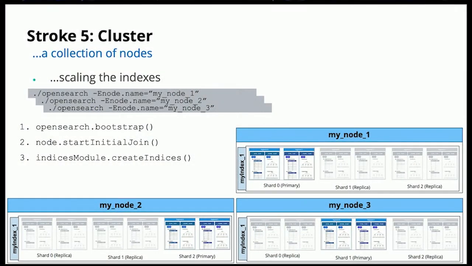And then finally, we want to elect the cluster manager. And this is done through a complex voting process that we could give a whole talk on. But nevertheless, one node gets designated as the cluster manager. That cluster manager's responsibility is to maintain cluster state for the entire cluster. And that cluster state does get shared with all of the other nodes over the network. It gets transmitted over the wire.